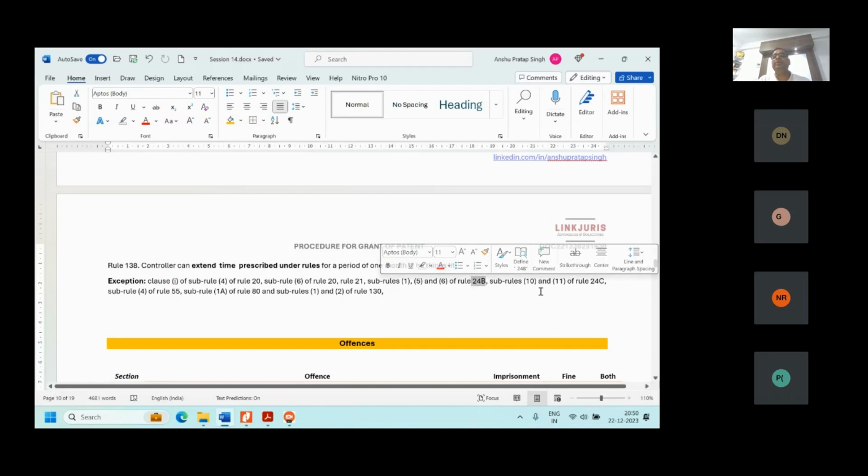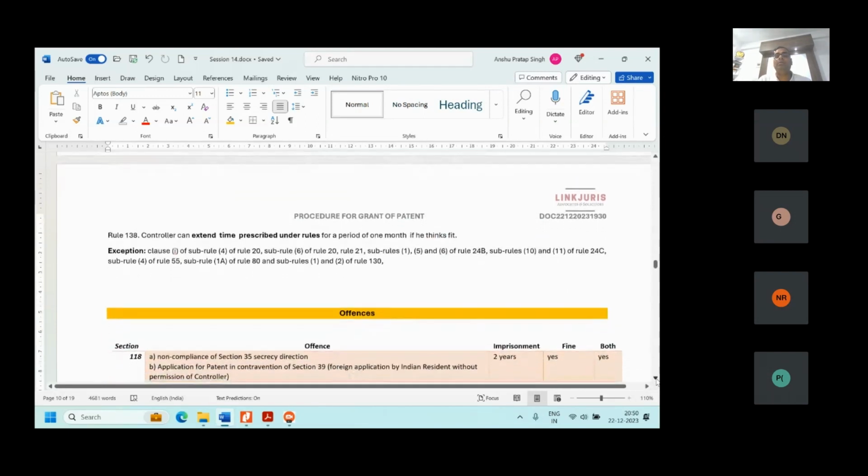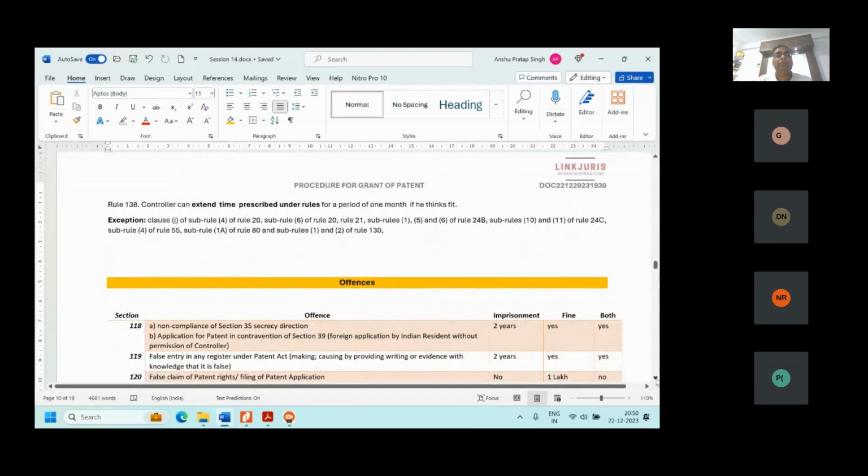Can anyone check 24B, 24C? Any idea? Yes, sir. That is for the normal 48 months, the first examination report. And 24C is for expedited examination.